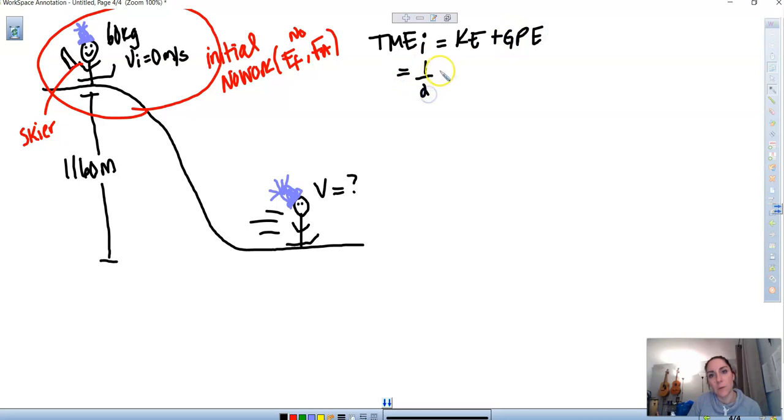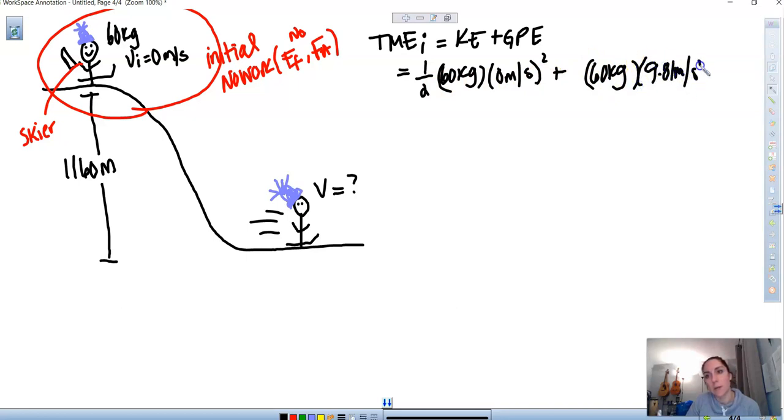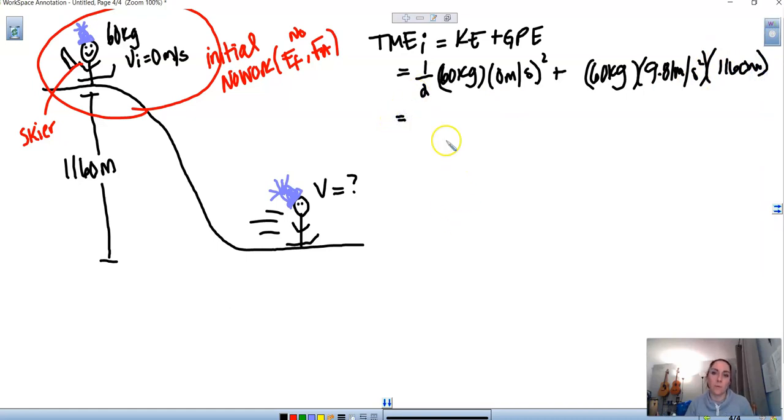So my kinetic energy is a boring 0 because I'm not moving, right? So you don't have to go through the motion that I'm going through right now, but I do put it there to show you that I did consider it. And then this is my potential energy. So, of course, my kinetic energy is 0 at the top.